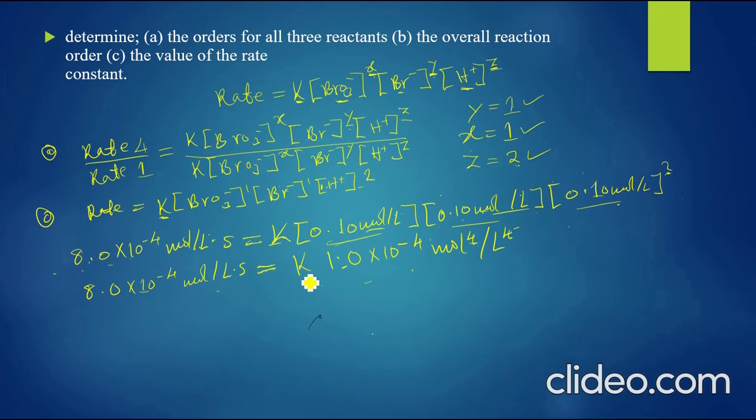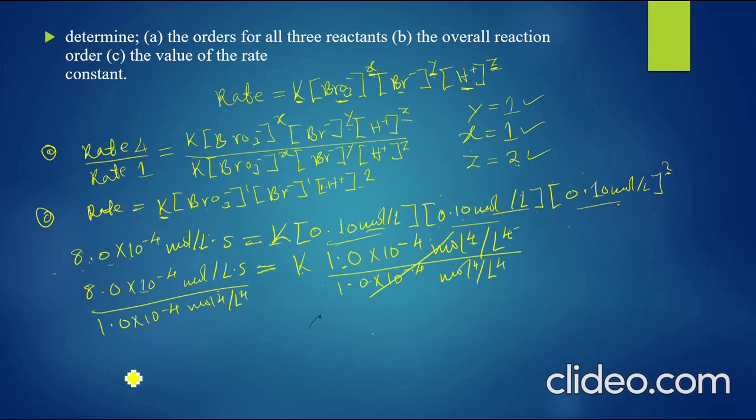And then your aim is to remain with this rate constant. So you're going to say over 1.0 times 10 to the power -4 mole per liter, and on this side you're going to have 1.0 times 10 to the power negative 4, mole to the power 4 per liter to the power 4.